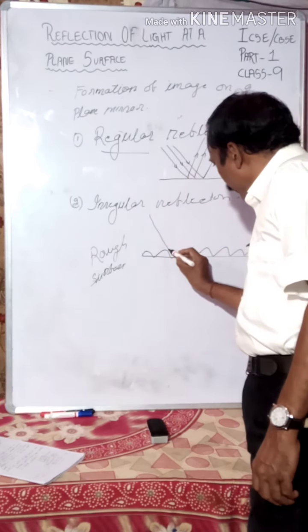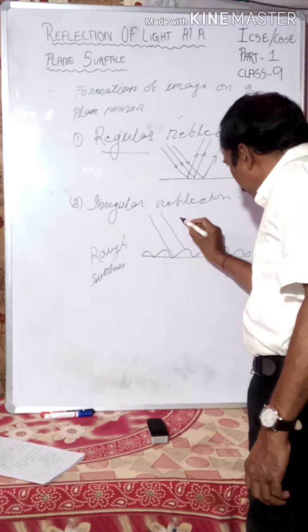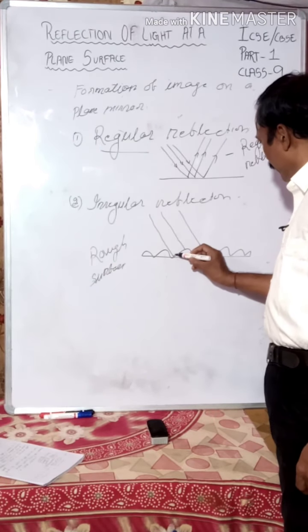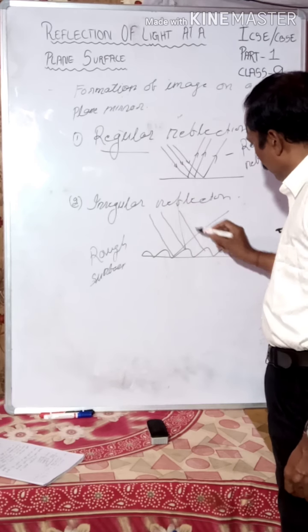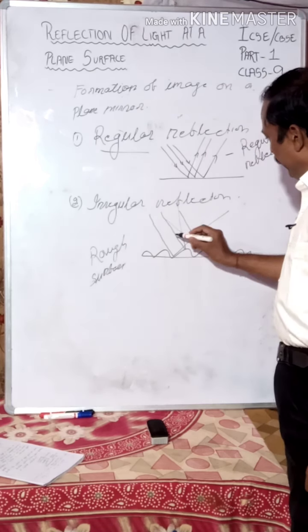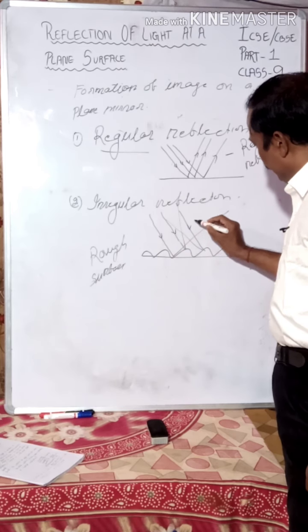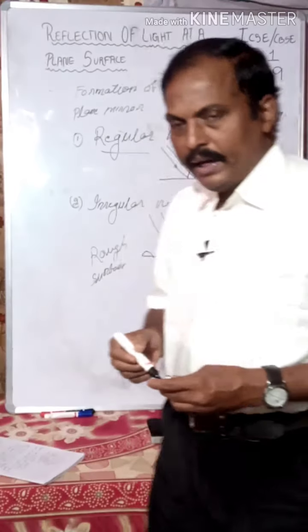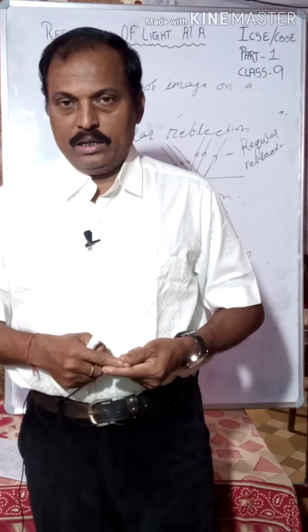When light gets reflected in this type, this is the incident ray and this is the reflected ray. The reflected ray has no particular direction, as it is an irregular surface.